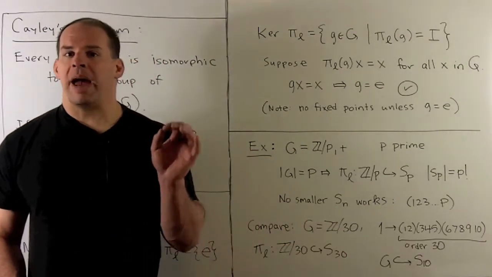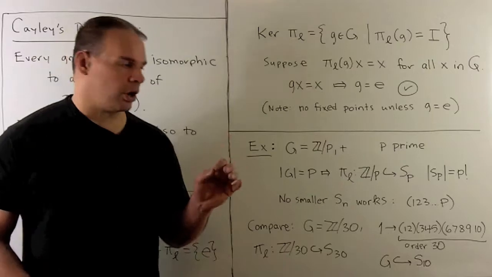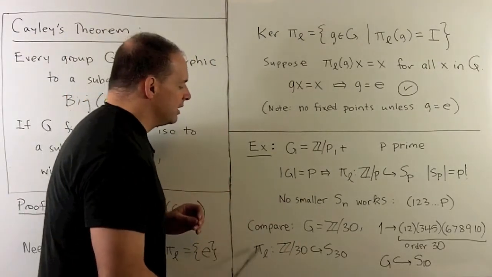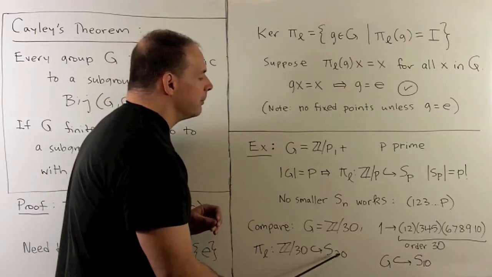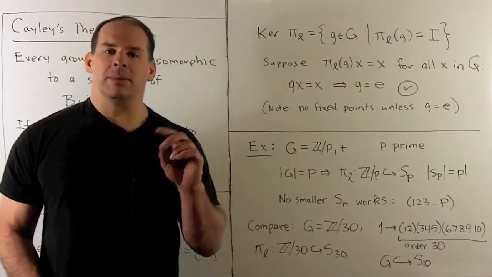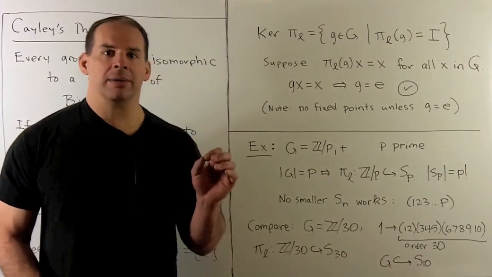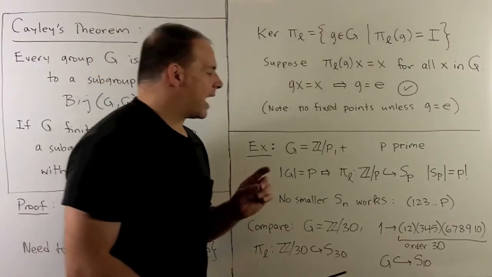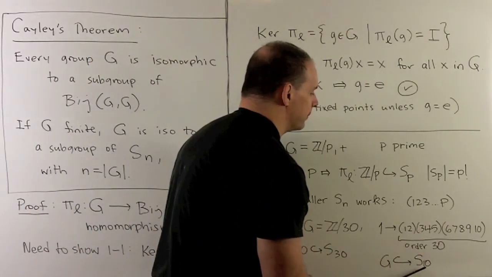Now, for comparison, let's consider Z mod 30. Cayley's theorem says we'll be able to embed Z mod 30 into S sub 30, but we can do better than that. We can embed Z mod 30 into S10. So all I have to do is find a permutation that has order 30 in S10.